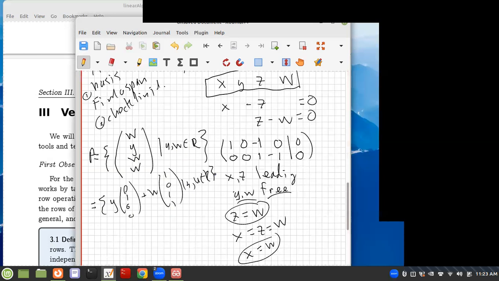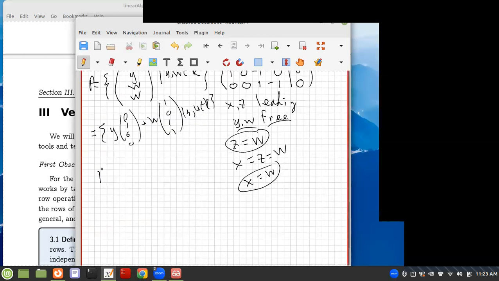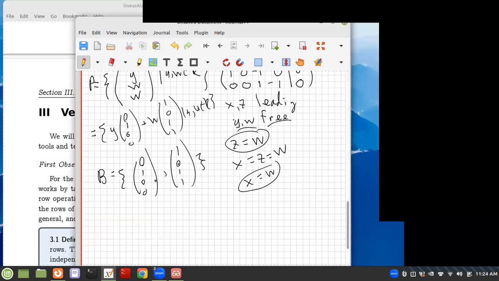So now we've written P as a span, so we can see that these two vectors span the space. We can choose our candidate basis B as (0, 1, 0, 0) and (1, 0, 1, 1). If we check that these are linearly independent, they're almost trivially so.